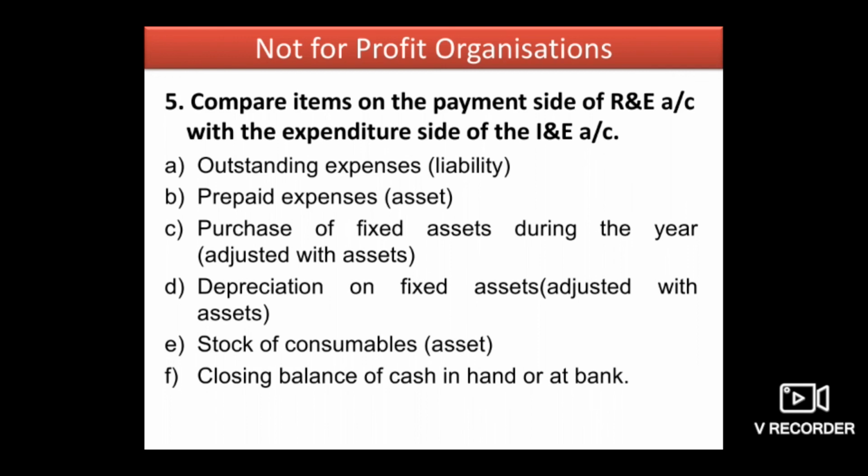Then stock of consumables. If there is any closing stock of consumables, that closing stock should be shown in the balance sheet. Then closing balance of cash in hand or cash at bank will be taken from the receipts and payments account and should also be shown in the balance sheet. In this way, we can prepare the balance sheet.